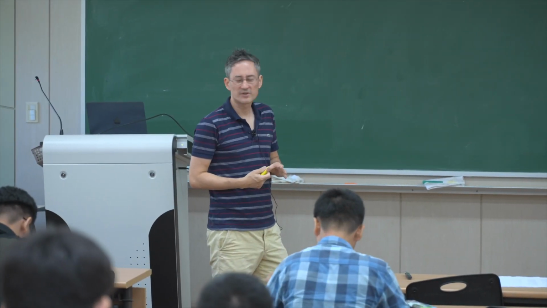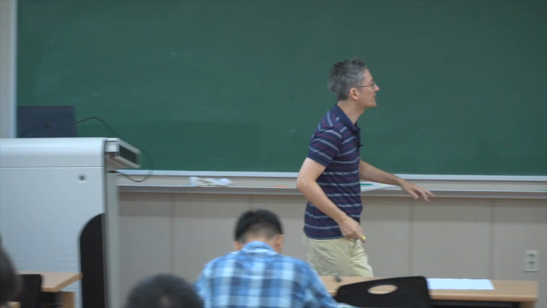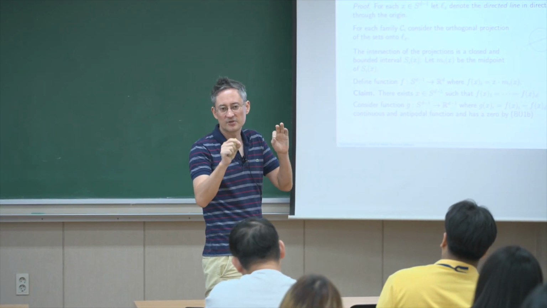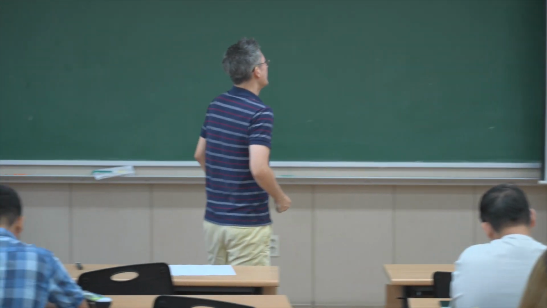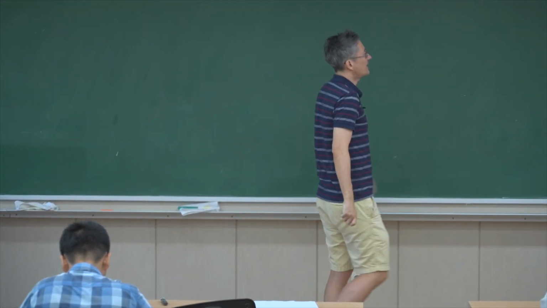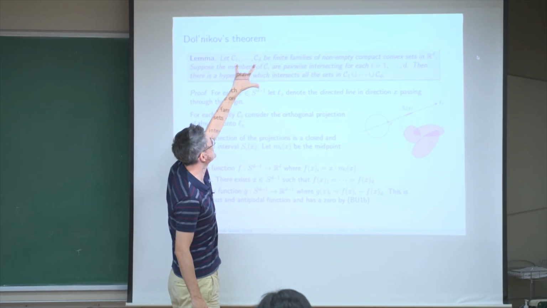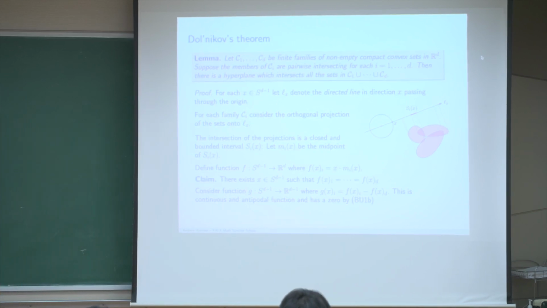So did we talk about convex sets? Yes, we did define convex sets in the first class, but you know what that is. A convex set is a set that contains, for any 2 points, the segment between them. Okay? Now suppose you have d families, and each of these C_i is a finite family of compact convex sets. Okay?